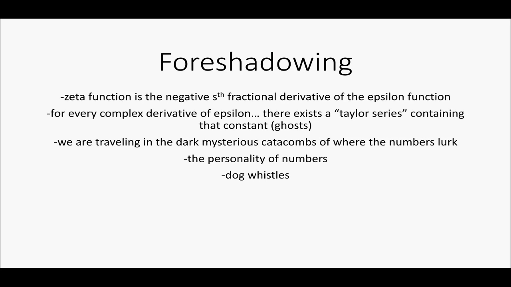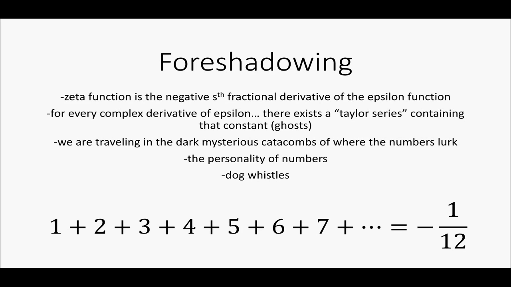I'm going to tell you this right now. Call him what you want, but I'll just call him God. He's the one that made up math. And when God shows me something like this, 1 plus 2 plus 3 plus 4 plus 5 plus 6 plus 7 ... is equal to negative 1 over 12, that's a dog whistle for people like me who are just so intrigued by the wackiness of the numbers.